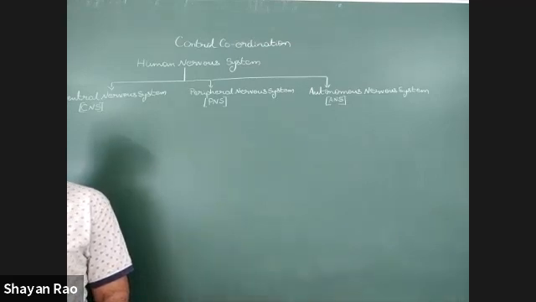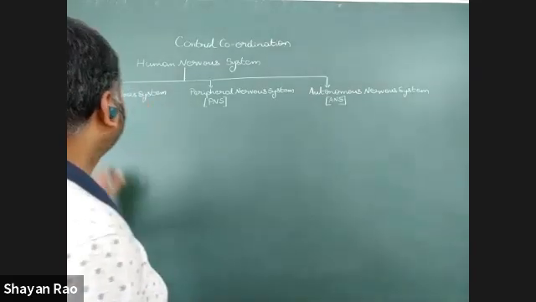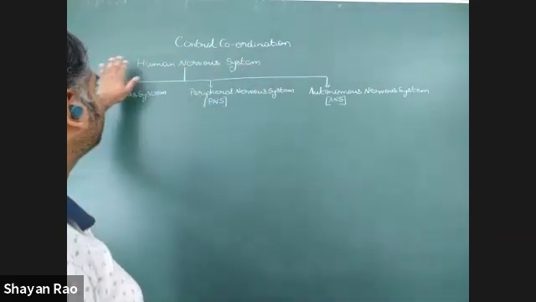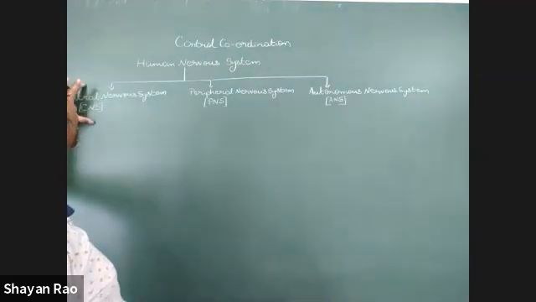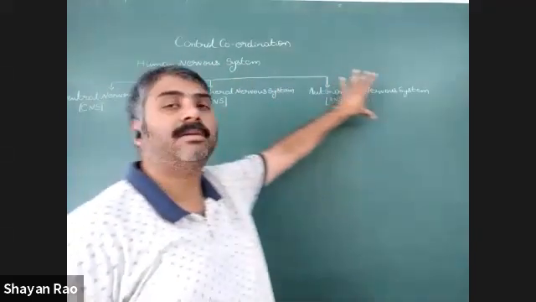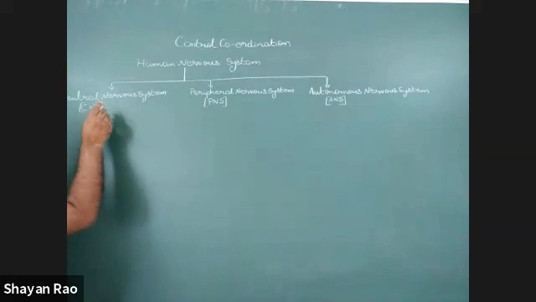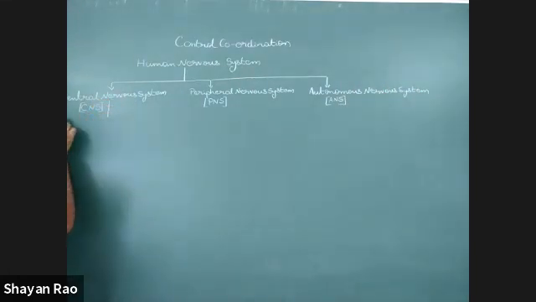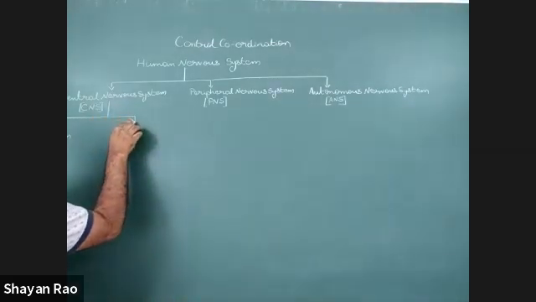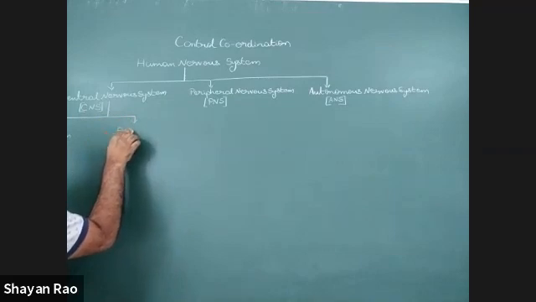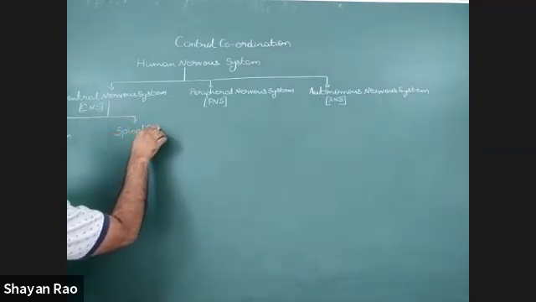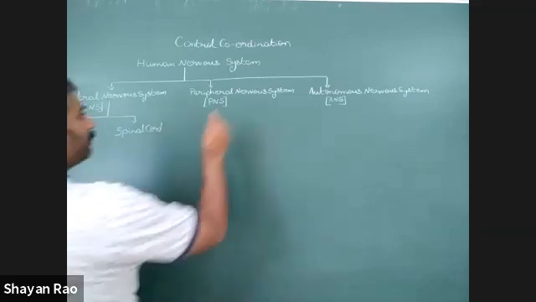Yes, sir. See, I have classified here the human nervous system as 3 parts: central nervous system, peripheral nervous system, and autonomous nervous system. Central nervous system is further classified into brain as well as spinal cord.